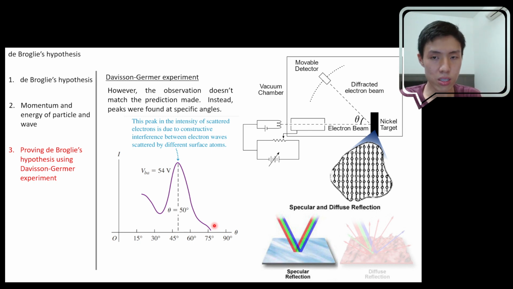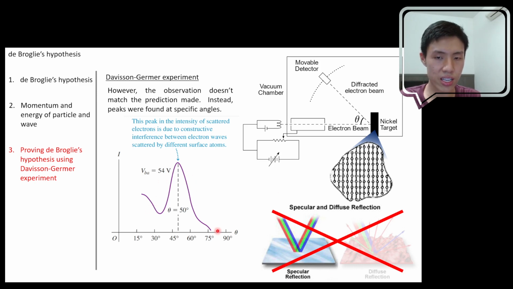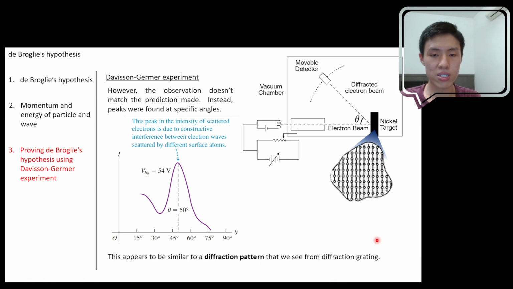Okay, so the kind of result that they observed proves that this is nothing related to specular reflection or diffuse reflection. This is not a simple reflection kind of experiment. In fact, what happens around here is similar to a diffraction pattern. If you remember from diffraction pattern, maybe a single slit problem, you can see that there's a very high central bright, followed by a dark, then there's alternating bright and dark fringes, something like that, right?